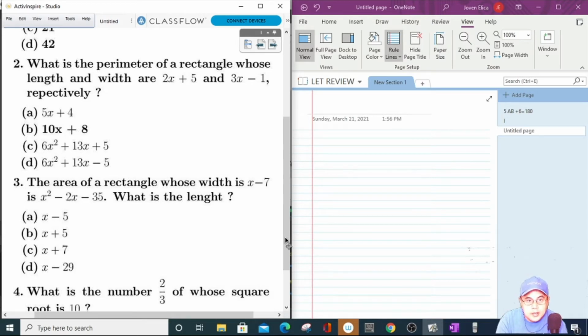pressure. So number 3, the area of a rectangle whose width is x minus 7 is x squared minus 2x minus 35. What is the length? Now, here we are in number 3.